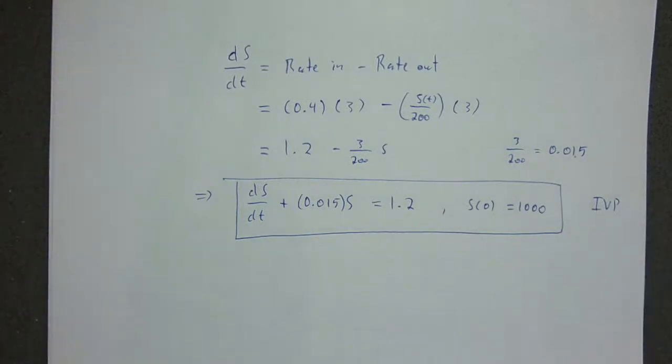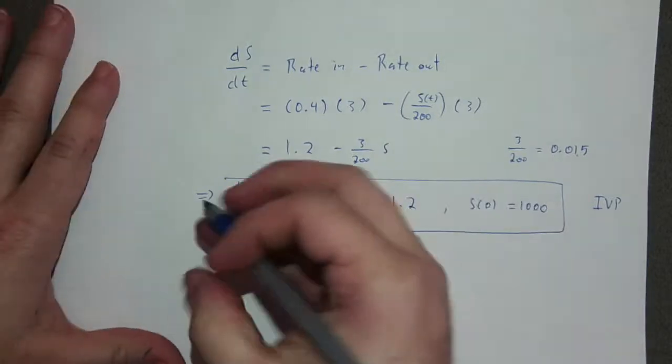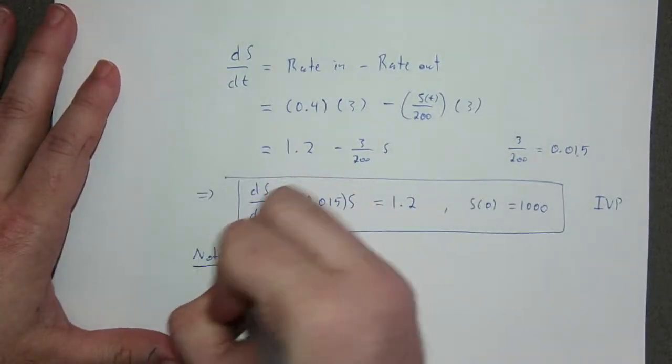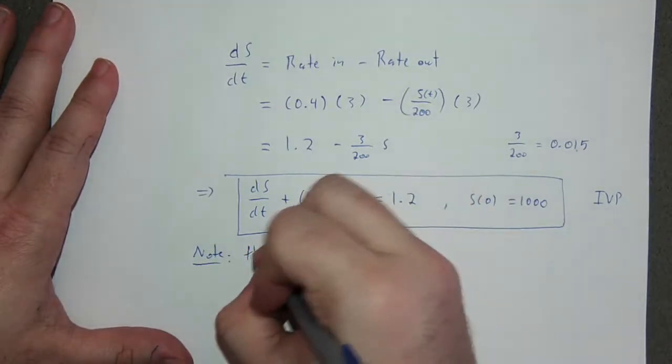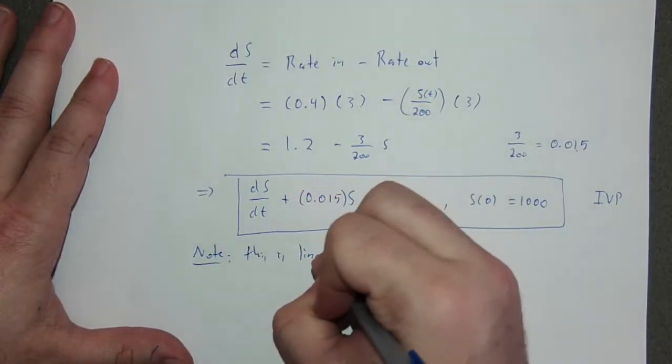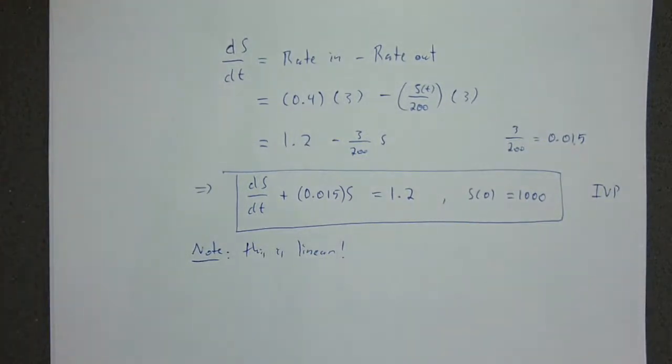What kind of equation is this? Notice, this is linear. In fact, it's linear and it's already in normal form. So I can immediately write out the solution here. So what is it that I'm looking for?